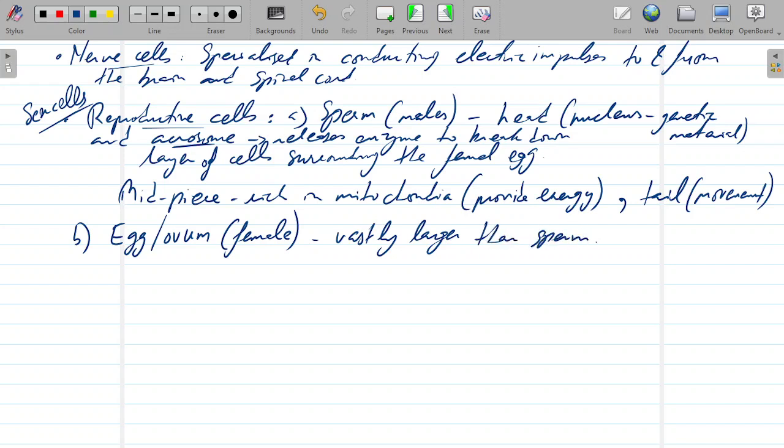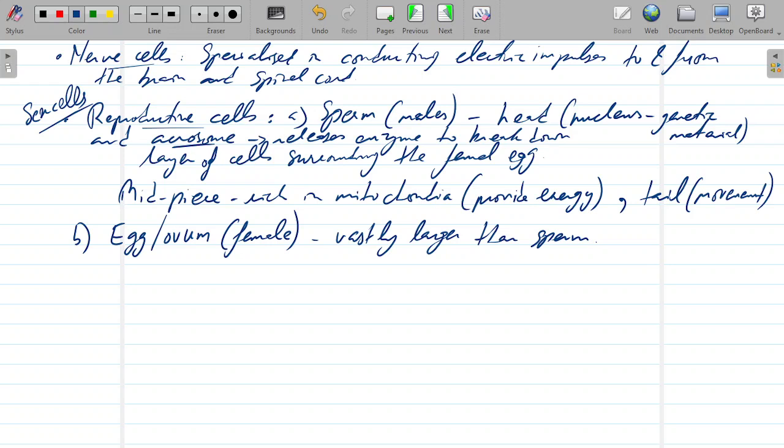In fact, the human female egg cell is so large, it is the only cell of the human body that can be seen without a microscope.